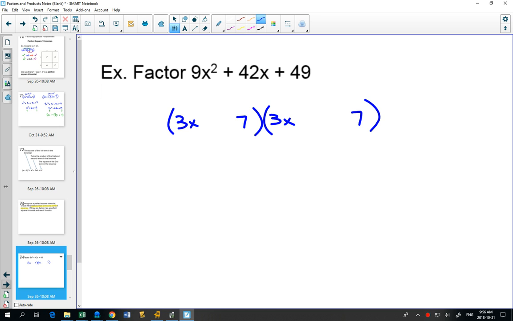My outside and my inside will both be 21. Does that work to give me 42? Yes. And they would both have to be positive to get a positive 42. So the last thing I would look at is what are the signs.